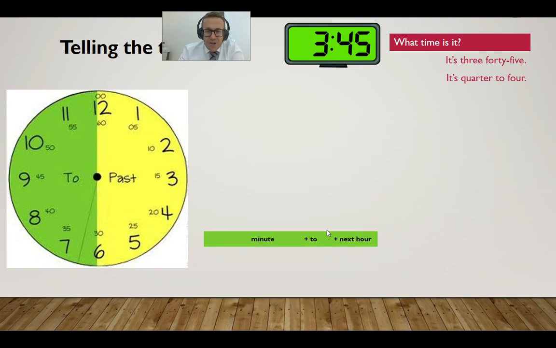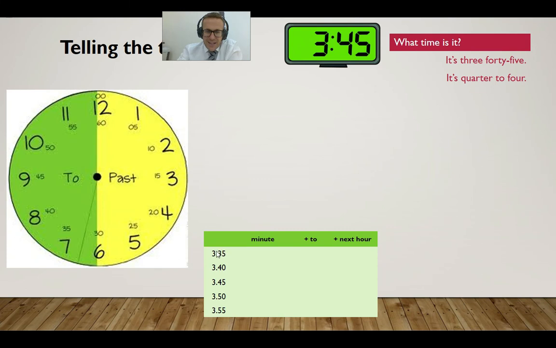And then on the green side, once it gets past 30 minutes, we start to think about the next hour. We're coming to the next hour. So in this one, we say the minute, to, and the next hour. So look at these times. 3:35 is 25 to 4. So there's no 4 in this time, but we're 25 minutes from getting to 4.